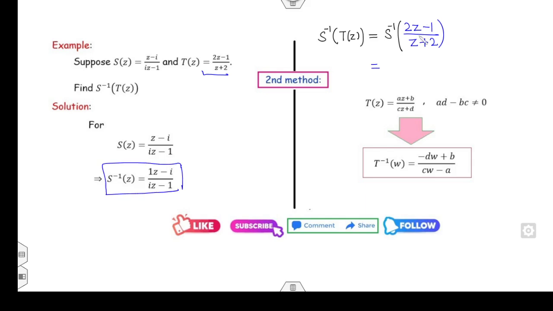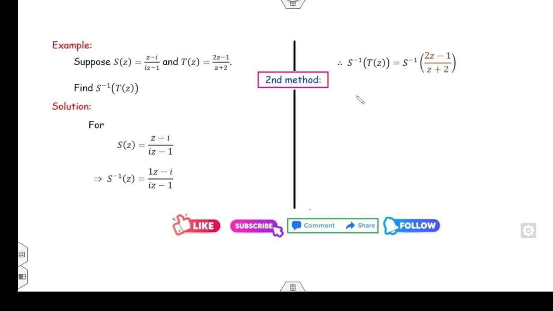I can substitute the value of z, and I can substitute the value of 2z minus 1. So this will be 2z minus 1 over z plus 2, minus iota, divided by iota into 2z minus 1 over z plus 2, minus 1.